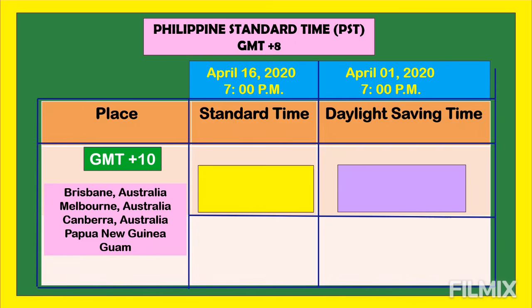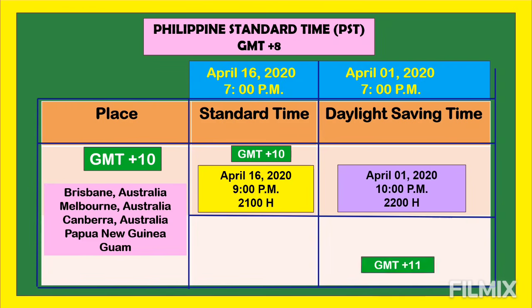So, if it's 7 p.m. in the Philippines, then we're going to add 2 hours. Their time is equal to 9 p.m. or 2100 hours. During daylight saving time, we're going to add 3 hours. So, it becomes 10 p.m. if it's 7 p.m. in Philippine time.